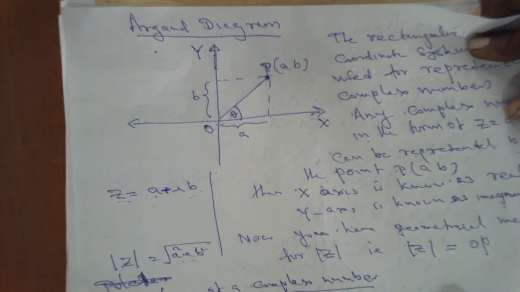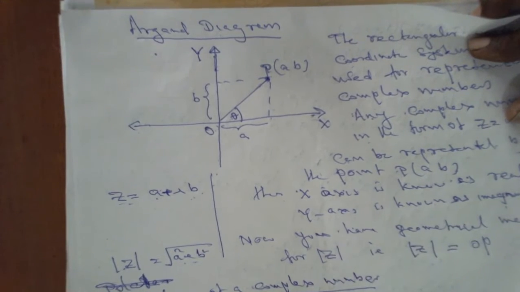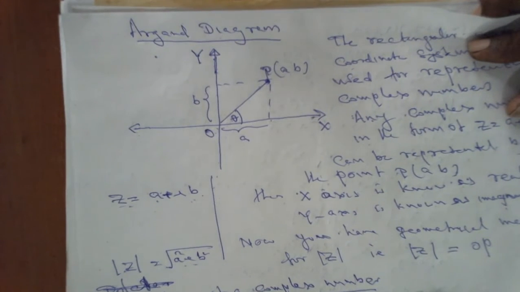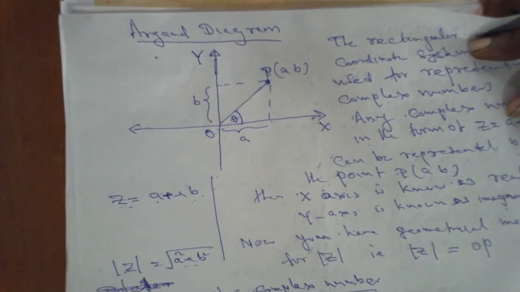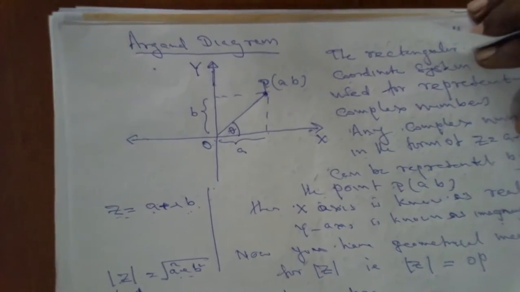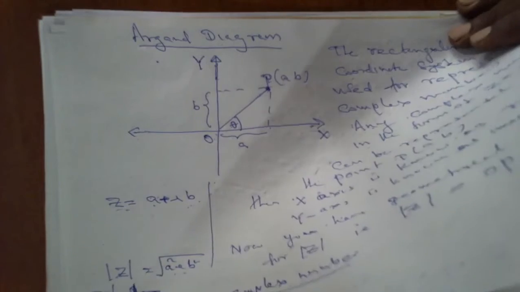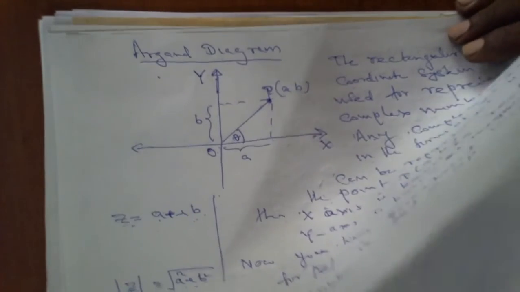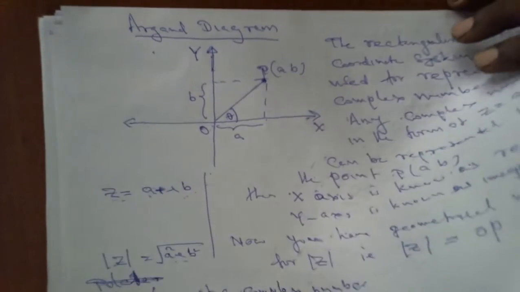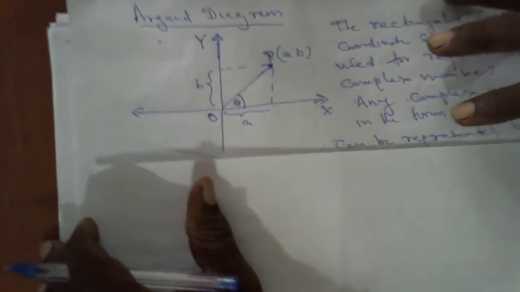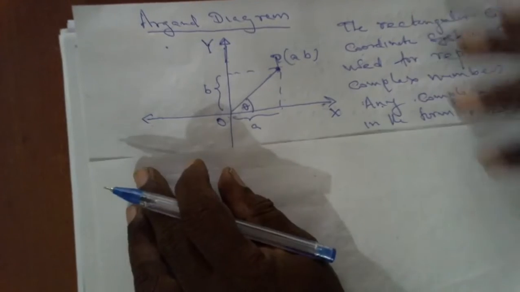What are the possible values of theta? So 0 to 2 pi, yes. From 0 to 2 pi, right?